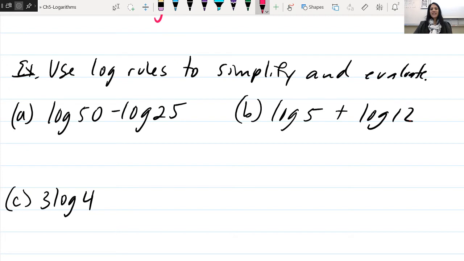If it says evaluate, that means find the answer, right? So maybe what's reasonable? Let's say 2 decimal places is reasonable for each of them. If it says evaluate, that implies that you have to find the answer.